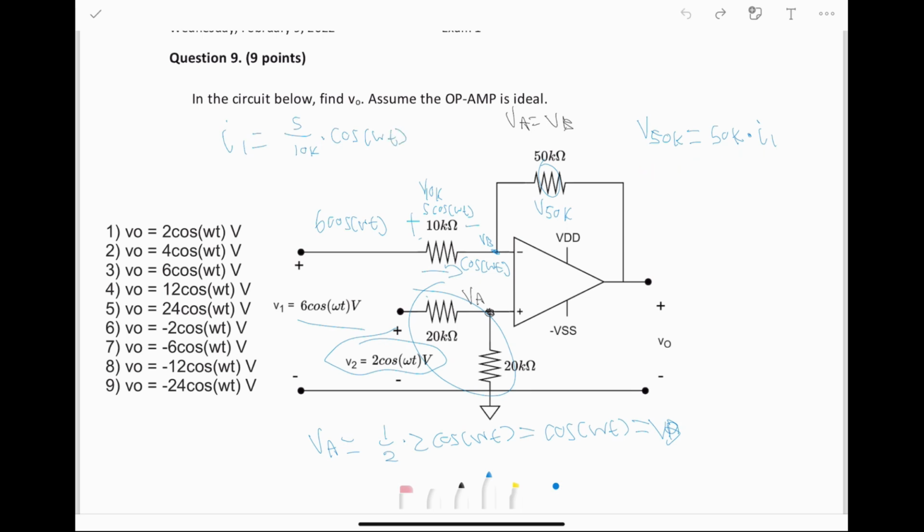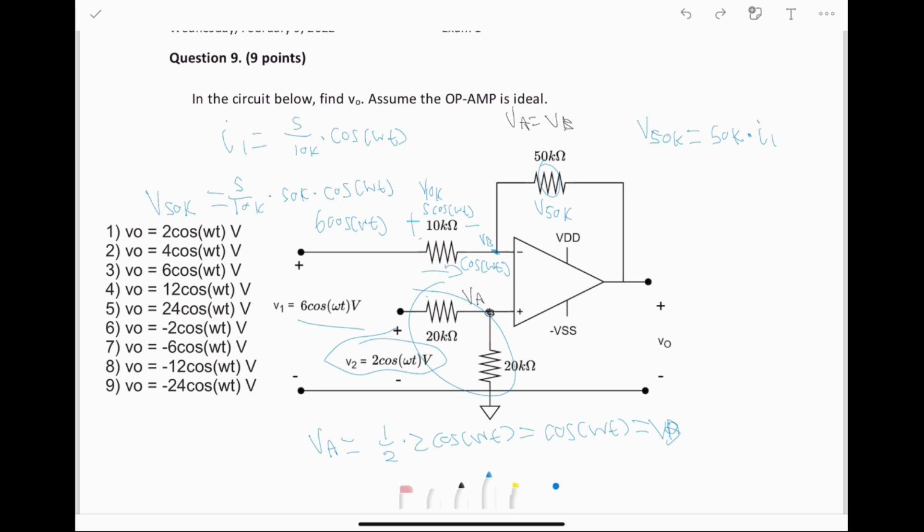Based on this equation, we know that the voltage drop across this resistor is going to be equal to I1 times 50K, which is 5 over 10K times 50K times cosine omega t. That is equal to V50K.